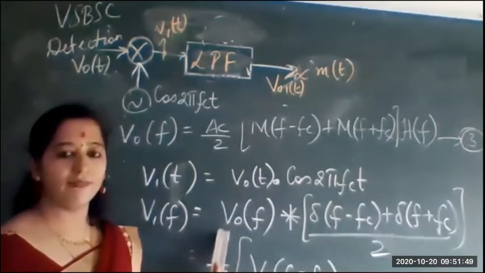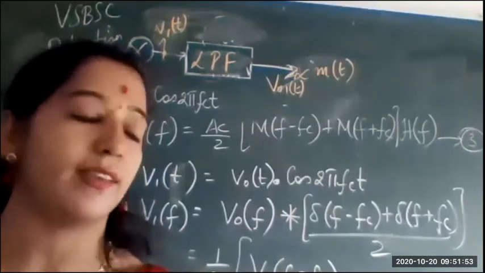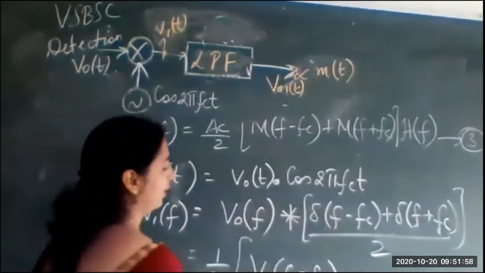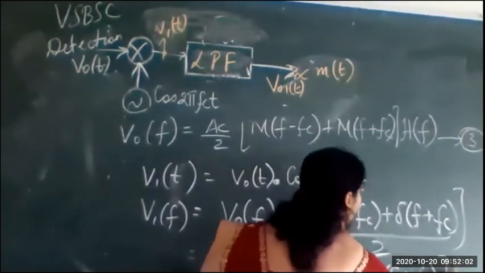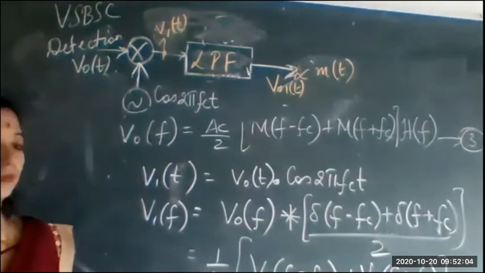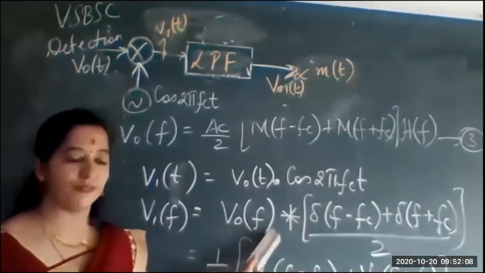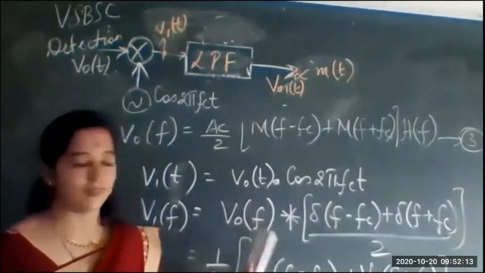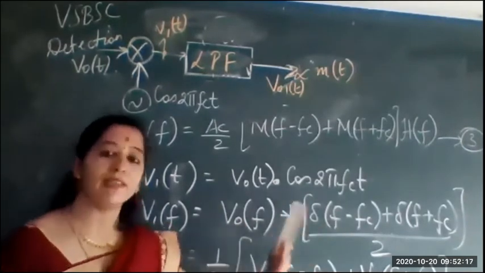It is the given signal, exactly, you're right. It is V naught of F minus Fc plus V naught of F plus Fc by 2. So all you have to do is just like what we did with M of F. M of F convolved with an impulse is M of F minus Fc, where the given signal will exist where the impulse exists.